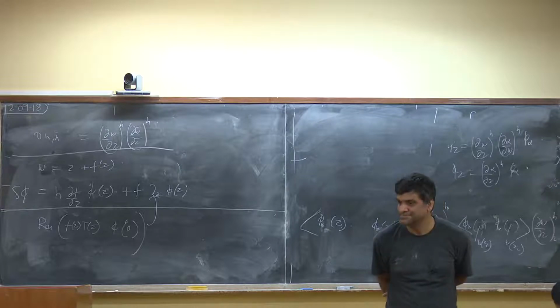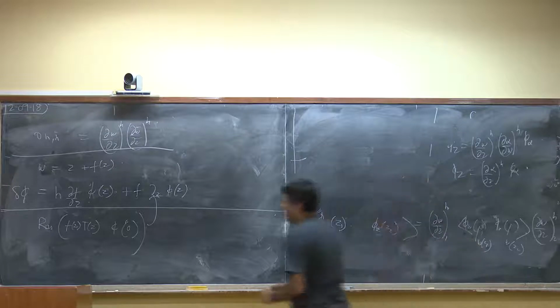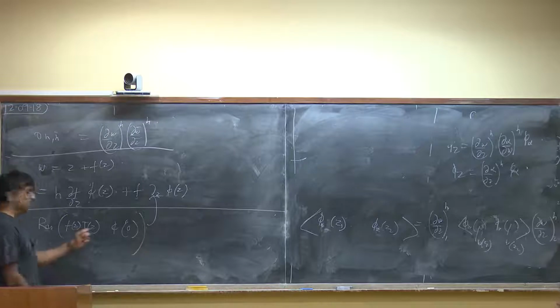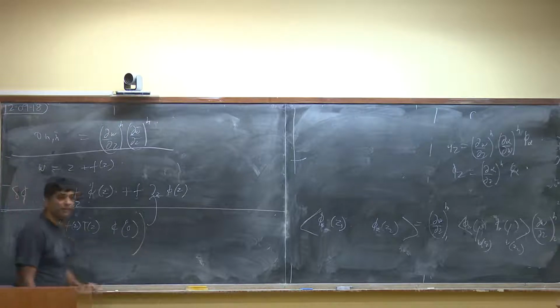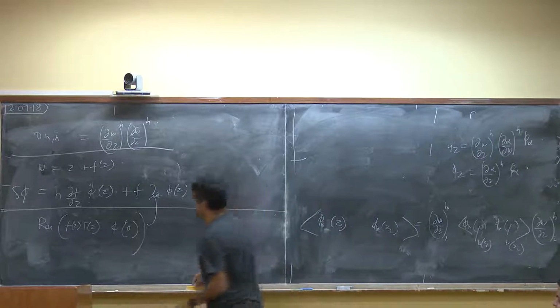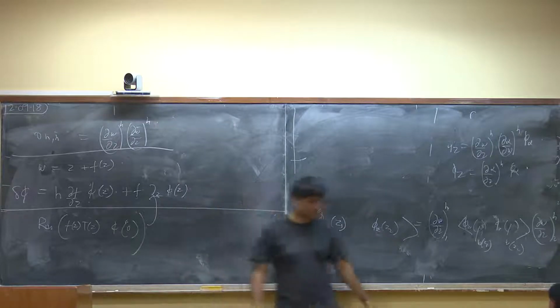Is this clear? Okay, so with that, we can now deduce what the OPE between T of z and phi of 0 must be. Okay, so let's see. There is a commutator, right?